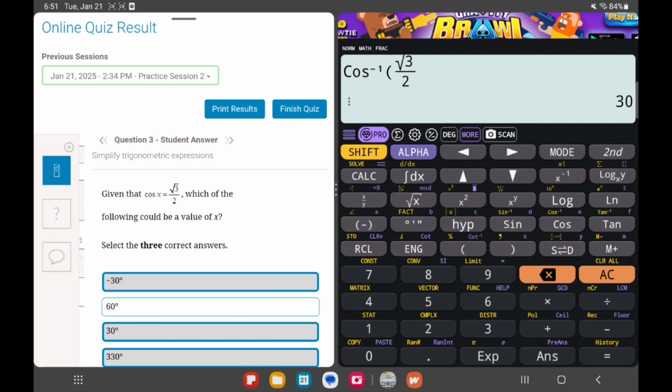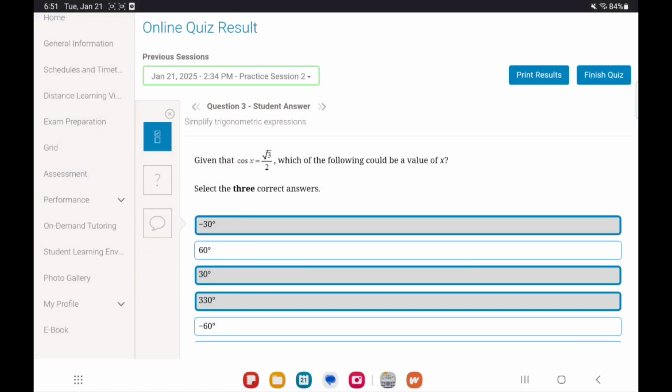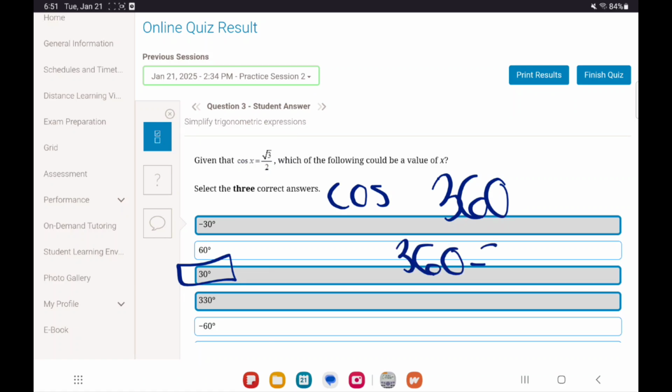So let's go back. Initially 30 is one of your answers because that's what you found in the calculation on the calculator. But we also know cosine keeps rotating every 360, so let's do 360 minus 30, you get 330.